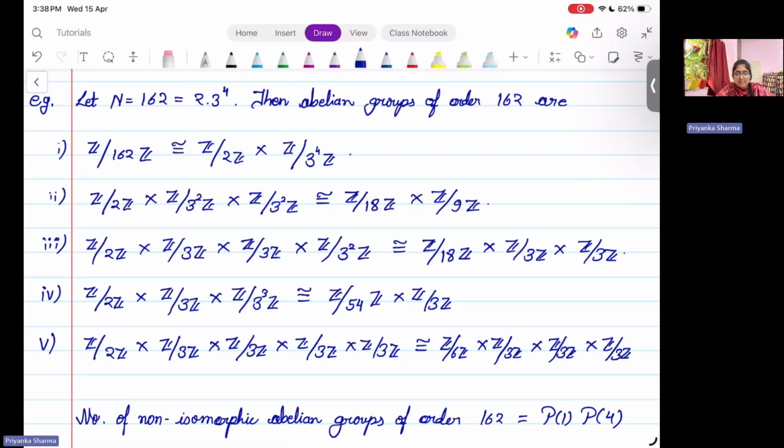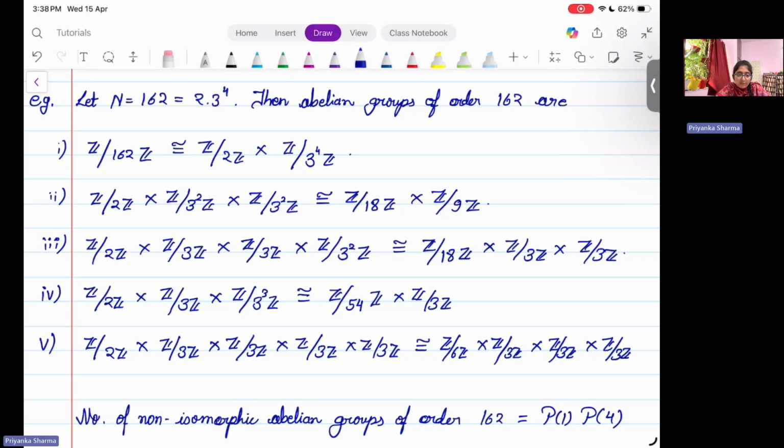The first one is the cyclic group, that is Z mod 162Z, which is isomorphic to Z mod 2Z cross Z mod 3 to the power 4Z. Clearly here 2 and 3 to the power 4 are co-prime, so we can write them combined as 162 here. So this is the only cyclic group of order 162.